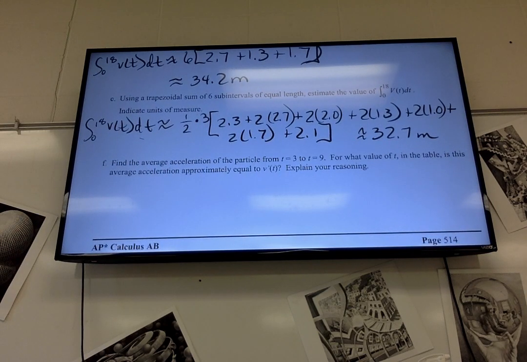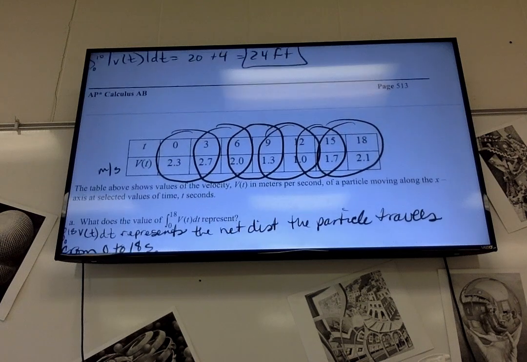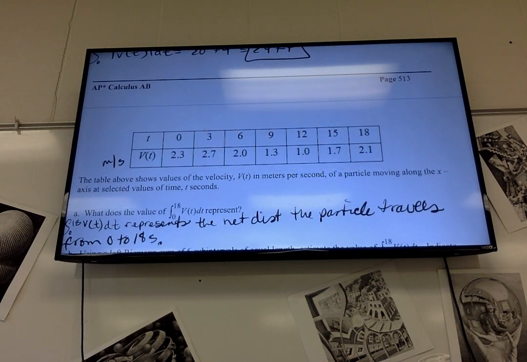Find the average acceleration of the particle from 3 to 9. For what value of t in the table is this average acceleration approximately equal to v prime of t? Explain your reasoning. So let's start with part 2, average acceleration from 3 to 9. How do I find the average acceleration from 3 to 9?